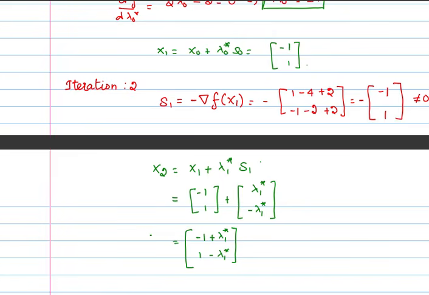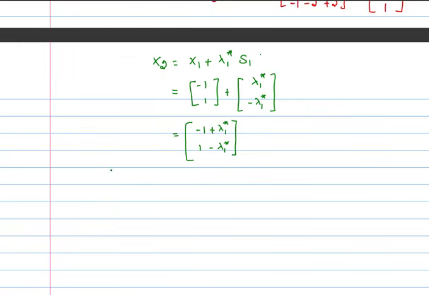So again I want to find the f of x2. So f of x2 you will get it as 5 times lambda 1 star square minus 2 times lambda 1 star minus 1. Now it's a function of lambda 1 only.